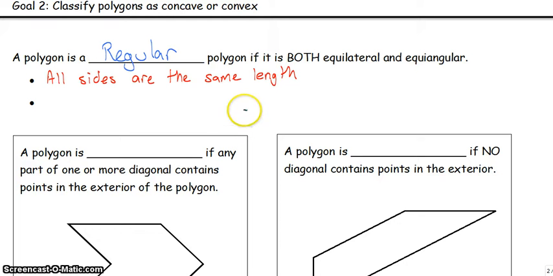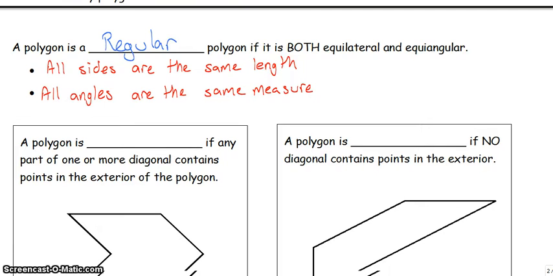But not only that, it also has to be true that it is equiangular, or all angles are the same measure. If it is not regular, we would call it irregular.